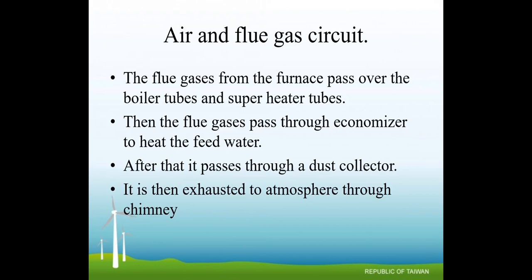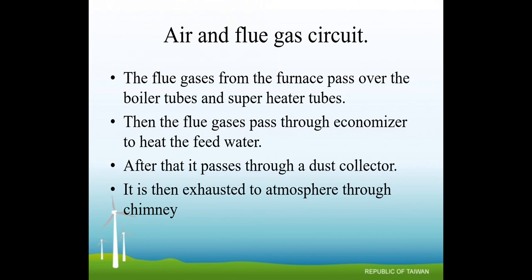The boiler tube converts water into steam. The superheater tube is used to convert it into superheated steam. We will discuss clearly in the boiler section how to use the boiler tube and the superheater tube to generate steam. Then the flue gas passes through the economizer.